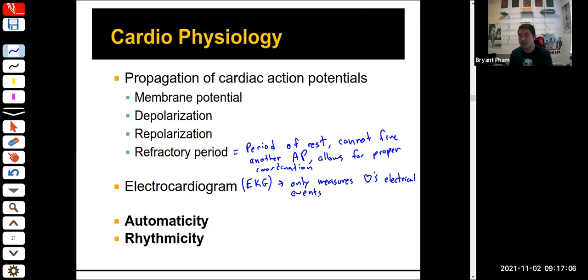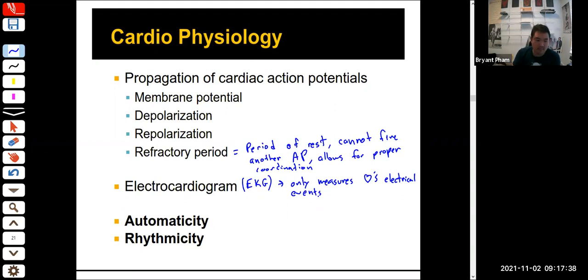No. Muscle contraction, that's a muscular event. Okay, so what I'm getting at is, you get some patient's EKG strip. Can you tell if there's some contractility issue? No, you can only see the electrical signals saying contract. You don't actually know if the muscles are contracting or not. Okay.